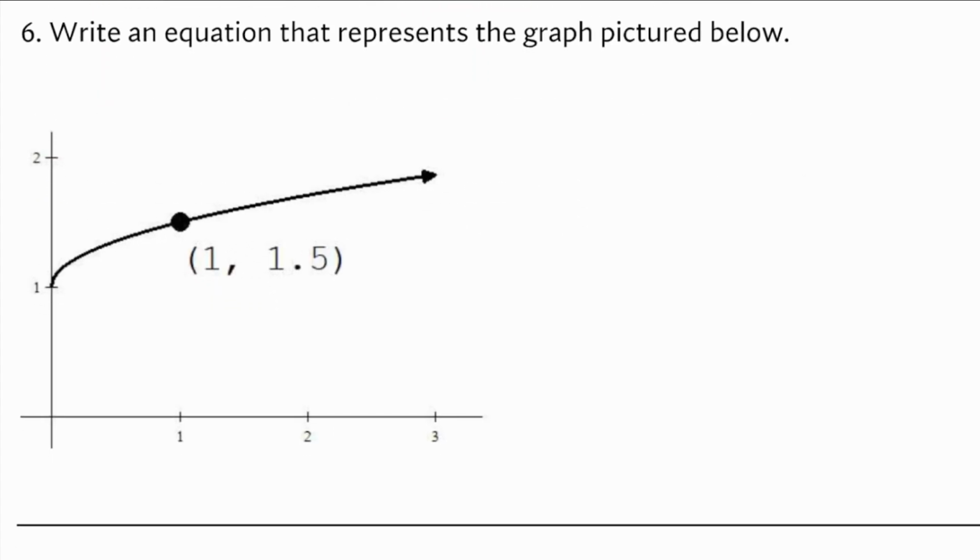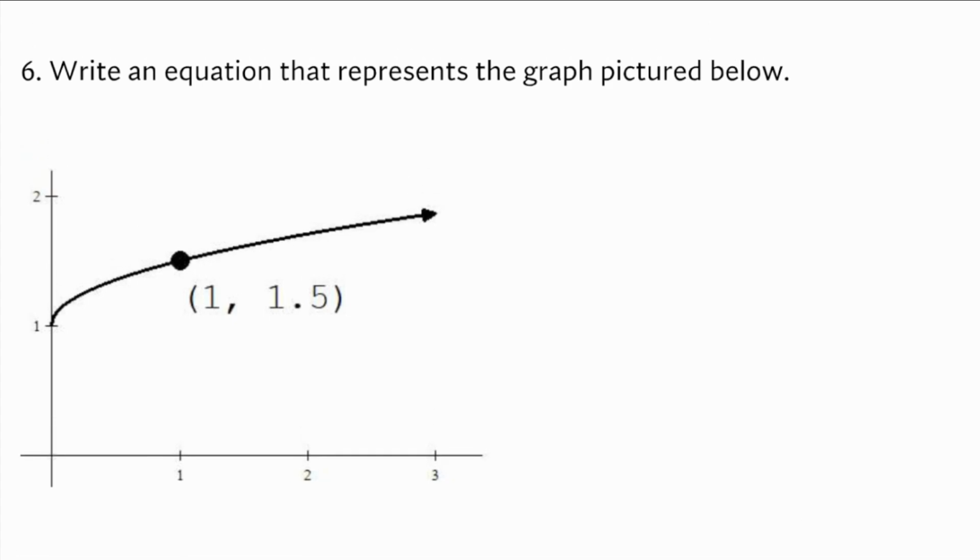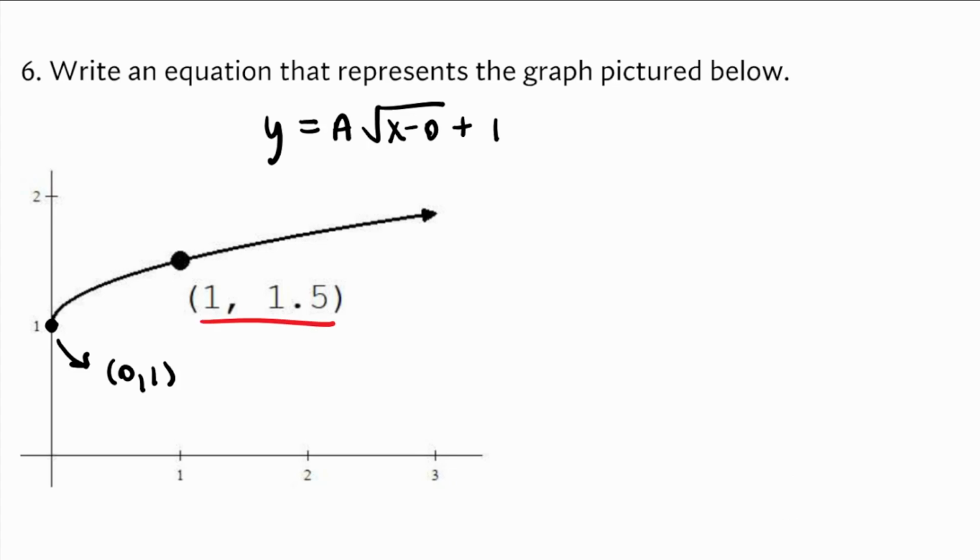Then number 6, this one's going to be a square root curve because it ends right here at x equals 0 and y equals 1. So this is going to be y is some number times the square root of x minus h, plus k, where h is 0 and k is 1. My other point is 1 and 1.5.